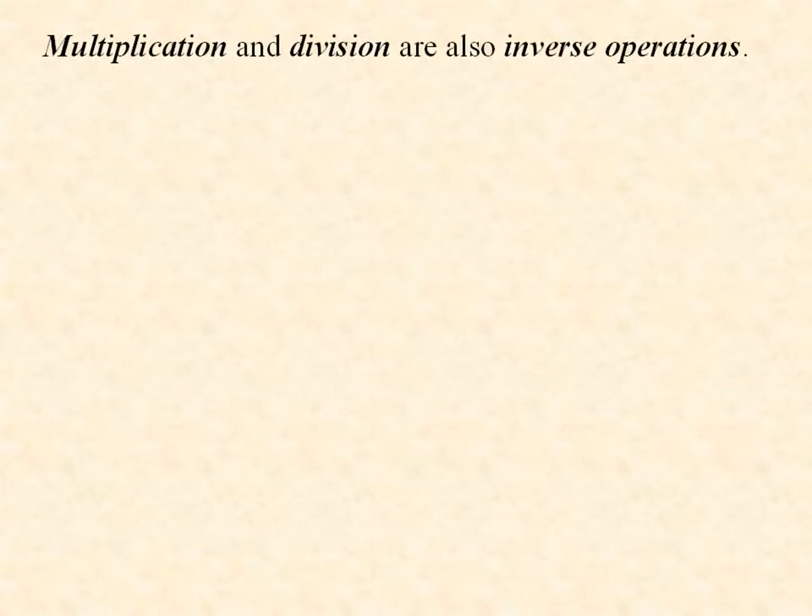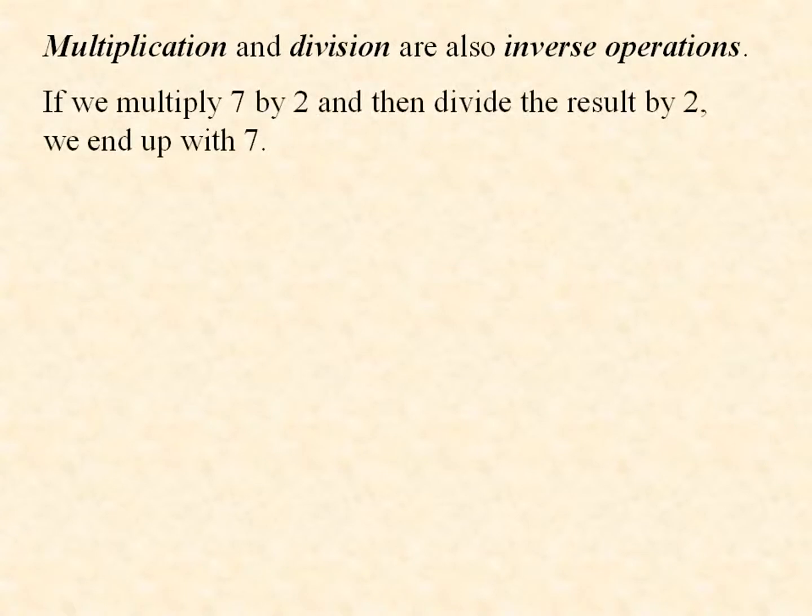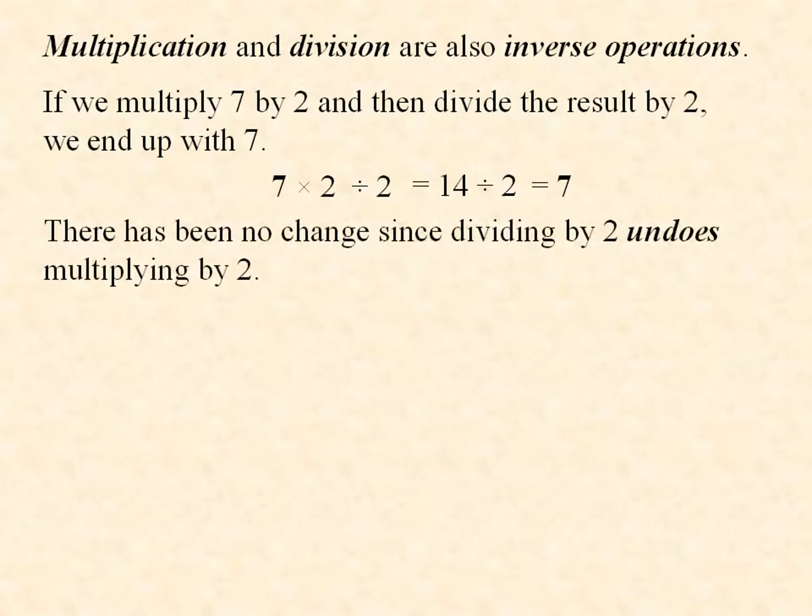Multiplication and division are also inverse operations. If we multiply 7 by 2 and then divide the result by 2, we end up with 7. There has been no change since dividing by 2 undoes multiplying by 2.